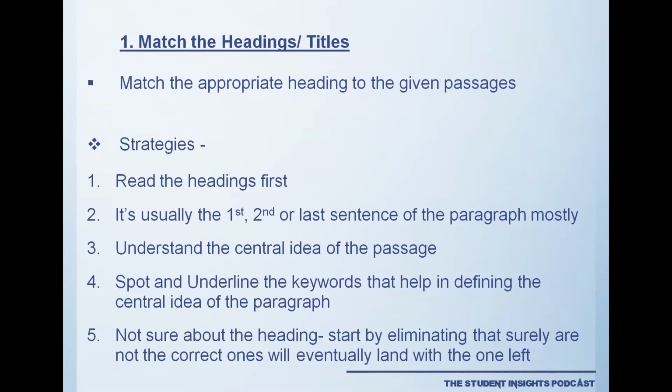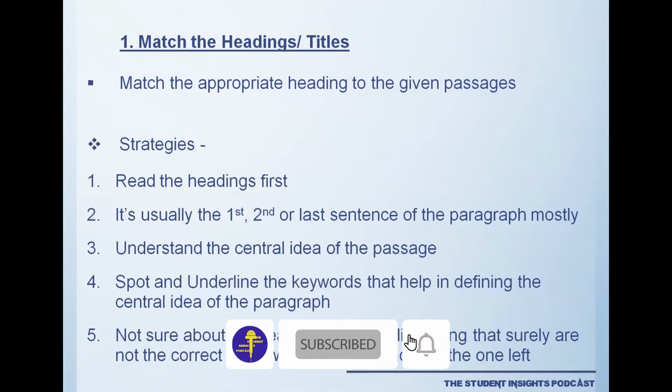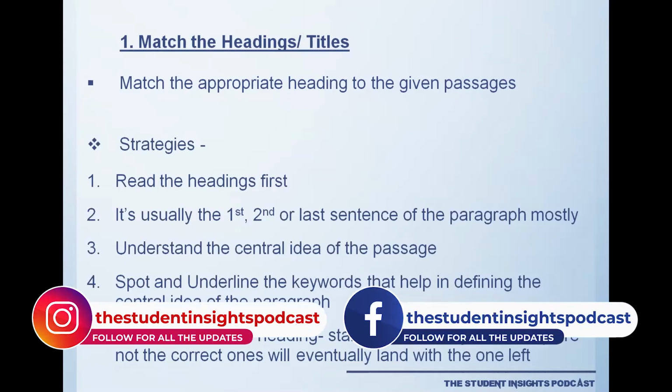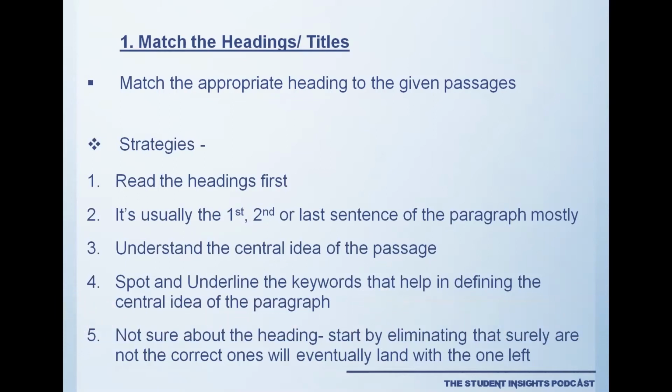If you just read the first, second line, you will definitely in most cases get the central idea, but sometimes the central idea is located in the middle of the passage. So you have to actually read the entire passage in that situation. It depends on the different kind of passages, but you need to understand the central idea, otherwise you will end up matching the wrong headings to the different passages.